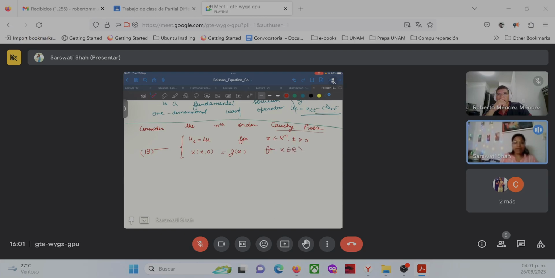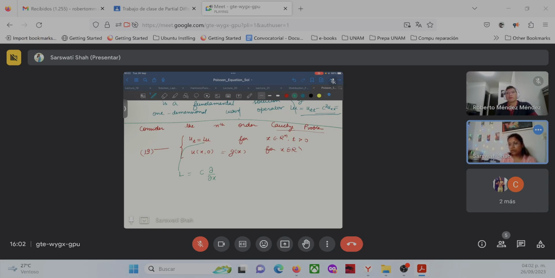Now, I would like to point out one thing. Here the L operator, just take a look, will change the definition of the equation. If this L operator is C del over del X, then what will be the name of this partial differential equation?